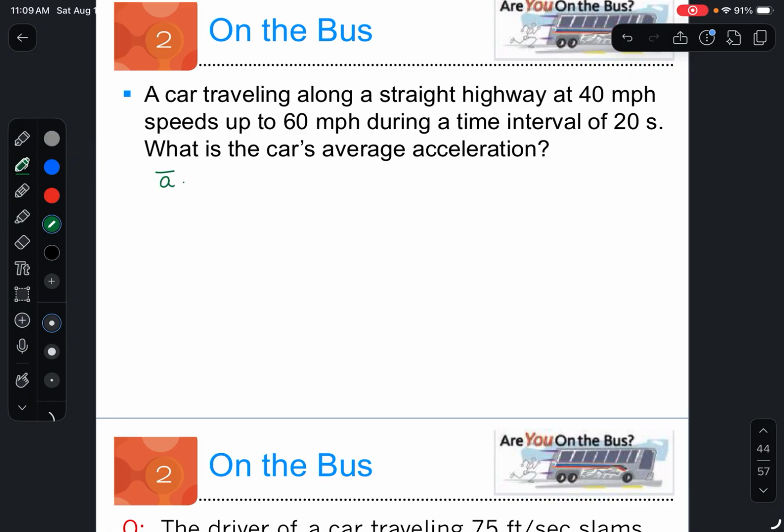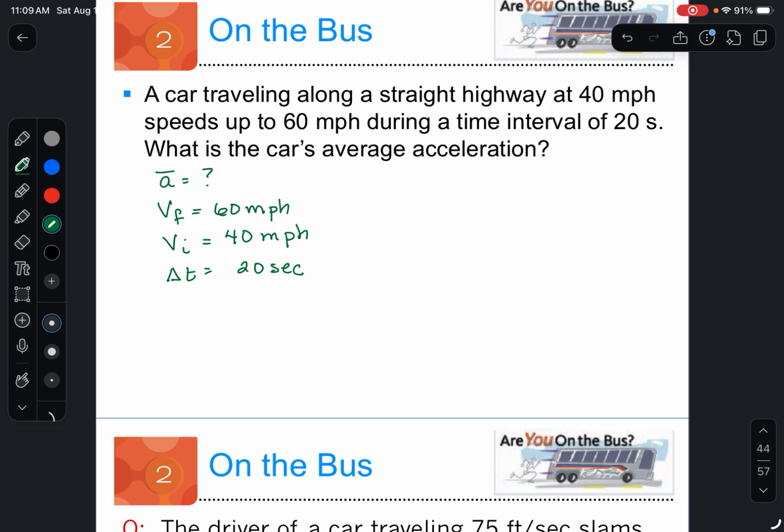So we're looking for average acceleration. We know our final velocity is 60 miles per hour, our initial velocity is 40 miles per hour, and our time interval is 20 seconds.